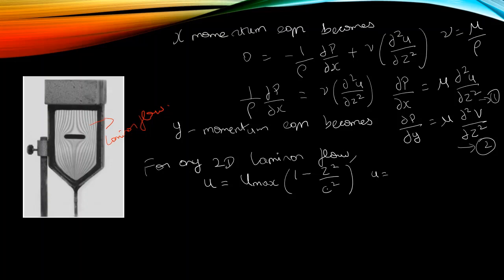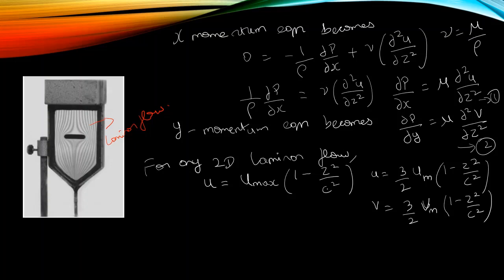Then you rewrite this equation, so instead of u max you may write the mean velocity, u mean, written as um. So u equals 3 by 2 times u mean times 1 minus z square by c square. Similarly for v you write the velocity function as vm times 1 minus z square by c square.